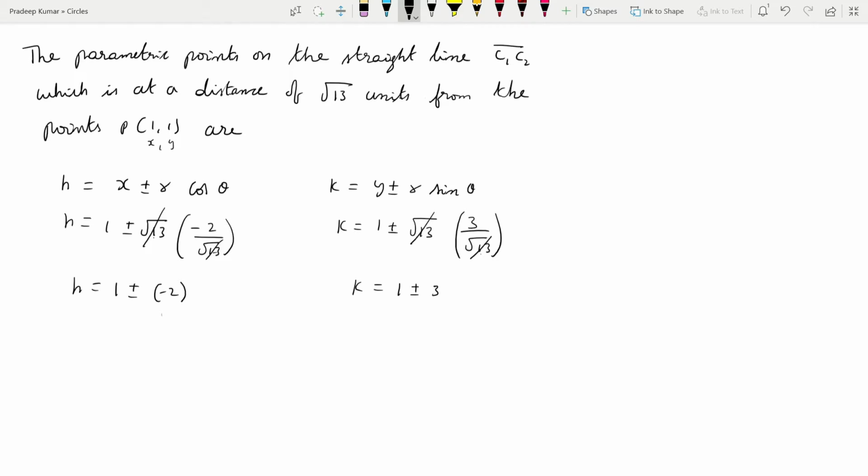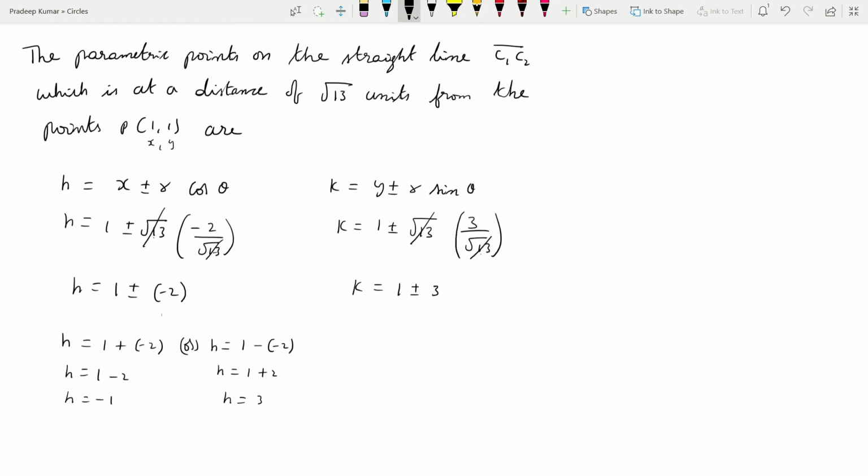So now if I just take this separately, let's see what we get here. h equal to 1 plus or minus 2, or we can also write this as h equal to 1 minus of minus 2. So I'll be getting h equal to 1 minus 2, where h equal to minus 1, or this is h equal to 1 minus into minus plus 2, so h equal to 3.